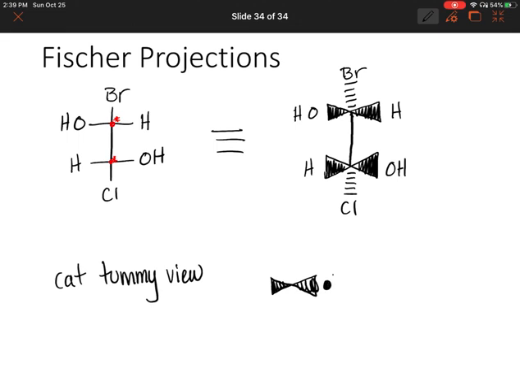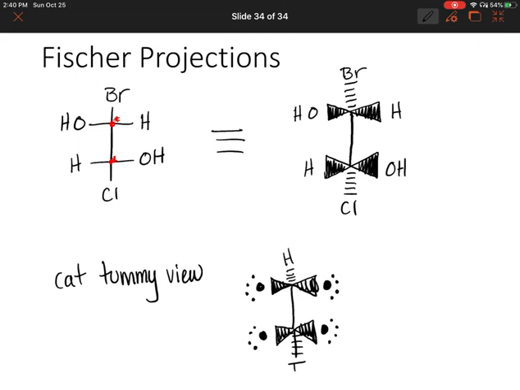So maybe there's a little paw right here and a little paw over here. Then there's their tummy. And then they've got their back paws pointing out towards you as well. And then they've got their tail down below, and then their head up above.